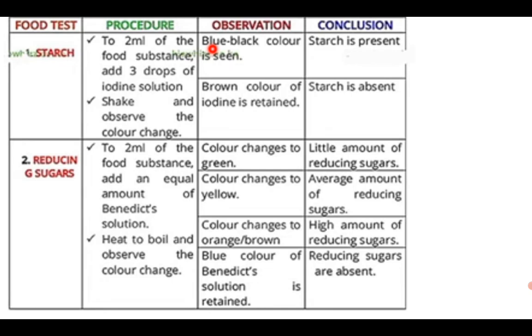If the color changes to blue-black, it means that starch is present. So upon adding 3 drops of iodine solution to 2 milliliters of the food substance, if the color changes to blue-black, then it means starch is present.